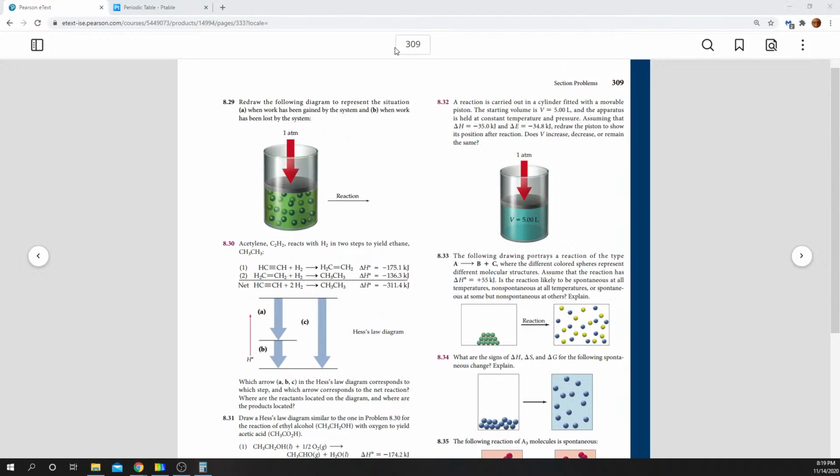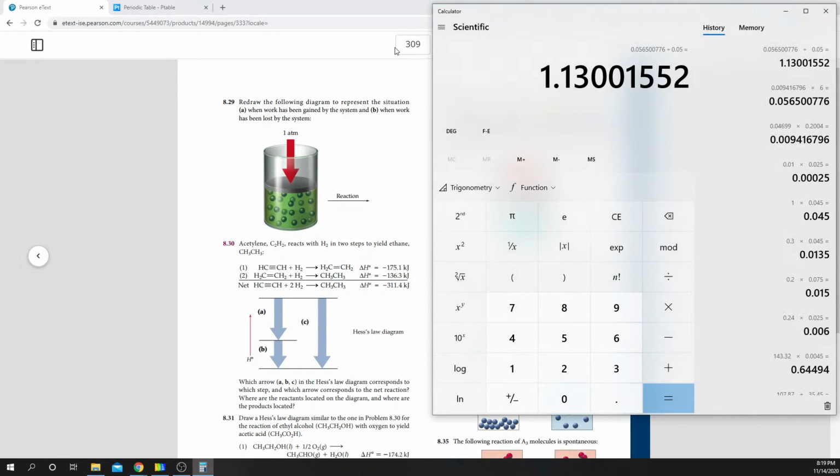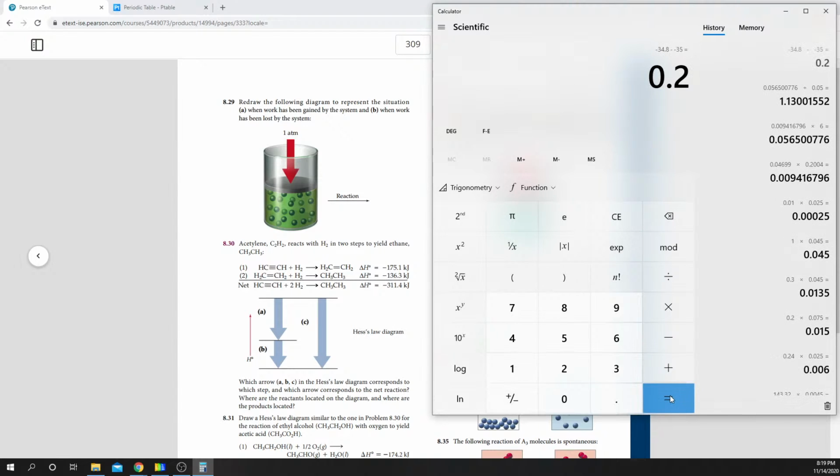So unless I am greatly mistaken, negative 34.8 minus negative 35. So W equals 0.2. So negative P delta V equals 0.2. P delta V equals negative 0.2. Delta V equals negative 0.2 divided by P. P is just 1 atmosphere equals negative 0.2.